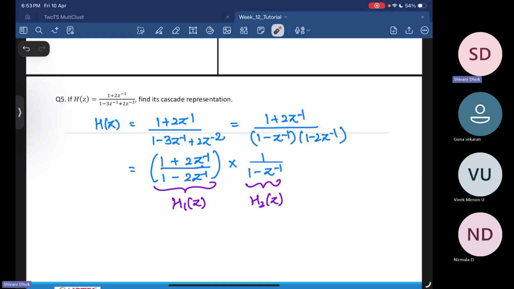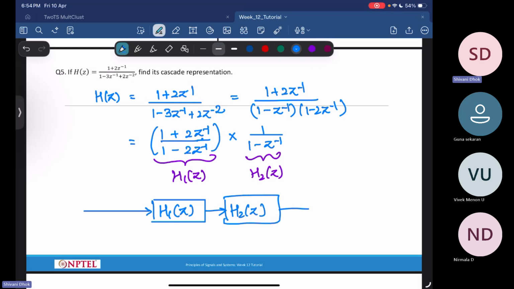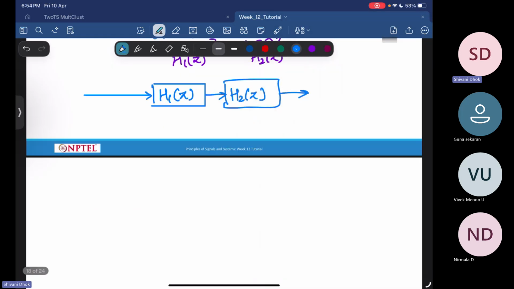So now for getting your H(z), you will connect H1(z) and H2(z) in cascade like this. So let's start with this system.